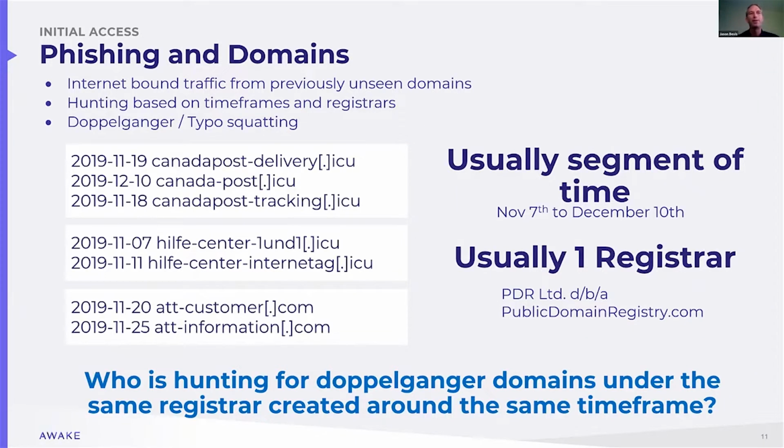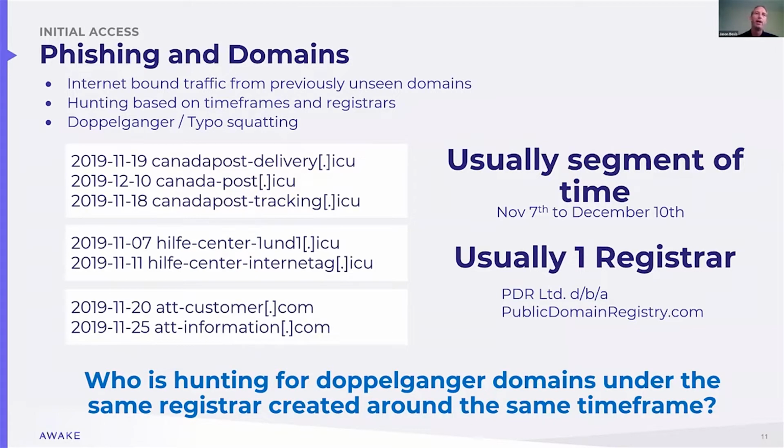But some of the things I want to do is show you, if you look at those items in front of you, those are all from one of the public postings of IOCs, and you can see everything in those domains was within a certain time frame. So they were within a month time frame, and that becomes very important when hunting across the network, being able to hunt things within time frames.